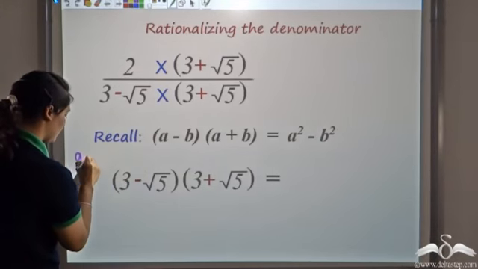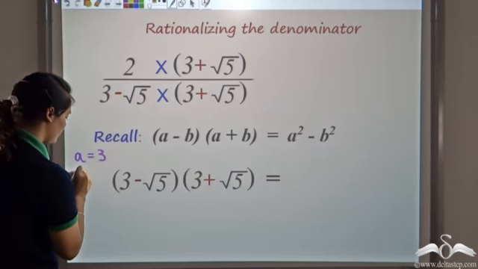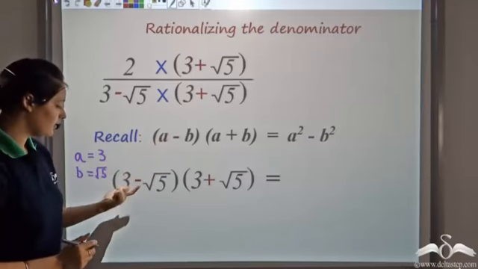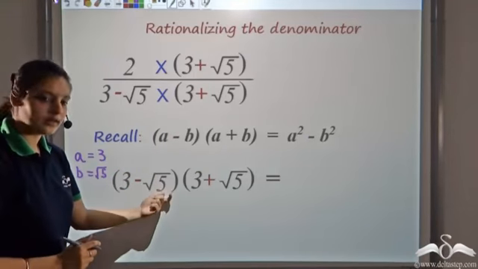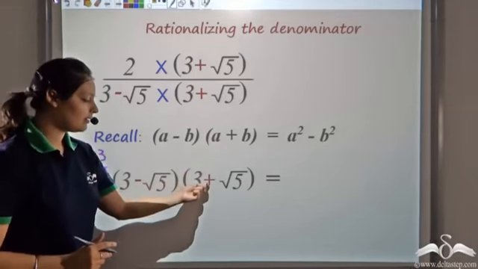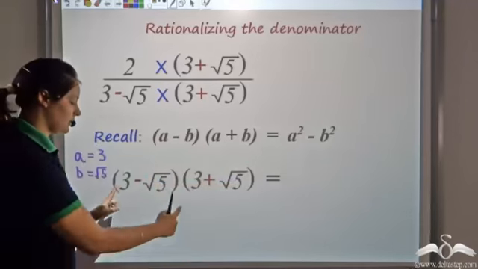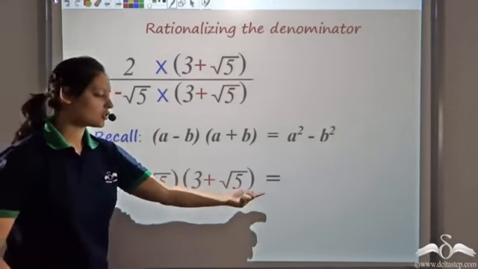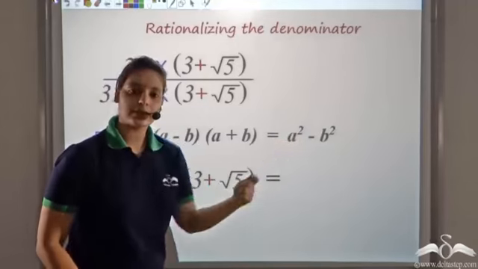So if I take a to be 3 and b to be under root 5, isn't this the same thing then? 3 minus under root 5 times 3 plus under root 5. A minus b, a plus b. So this would be equal to a square minus b square.